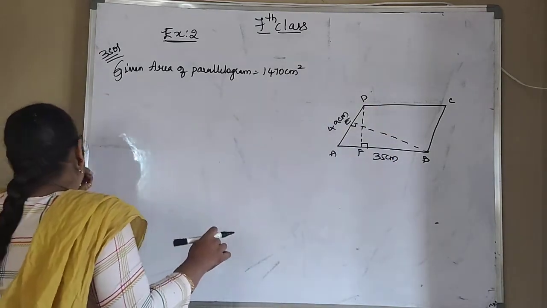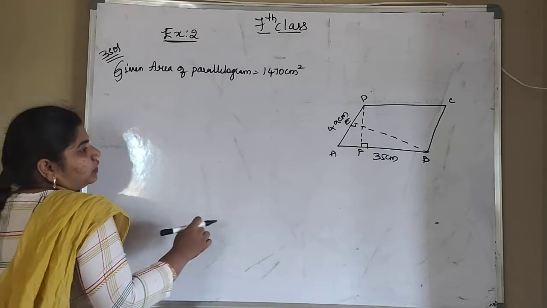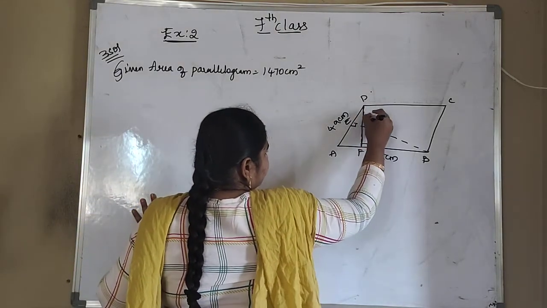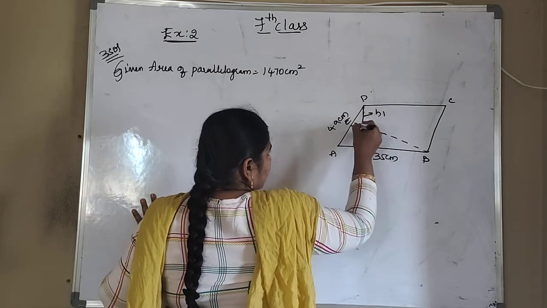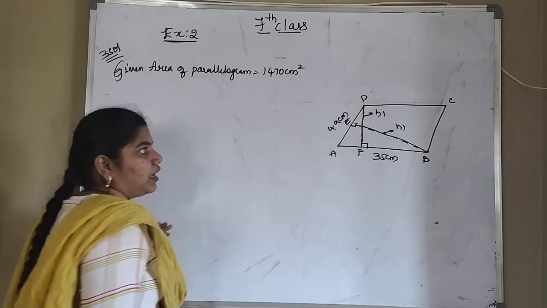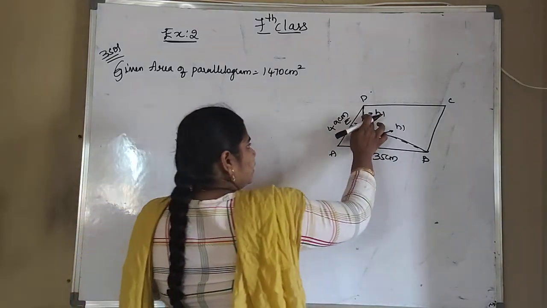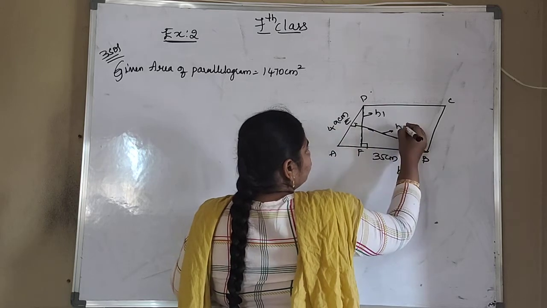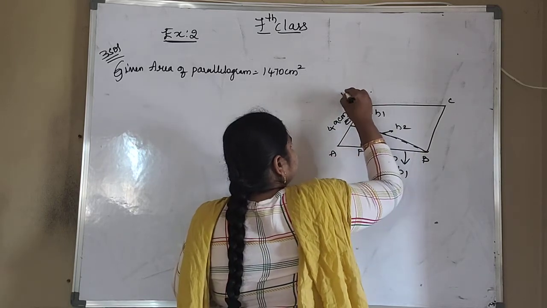So first I am taking the base value and height value. So first I am finding this height, I am taking this one as H1 and this one as H2. So I am finding the height one. So for this height one, this is the base one, and for this height 2, this is the base 2.